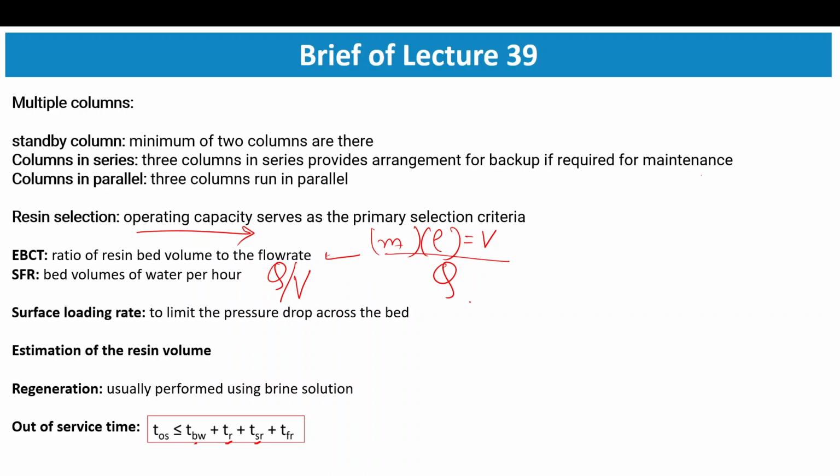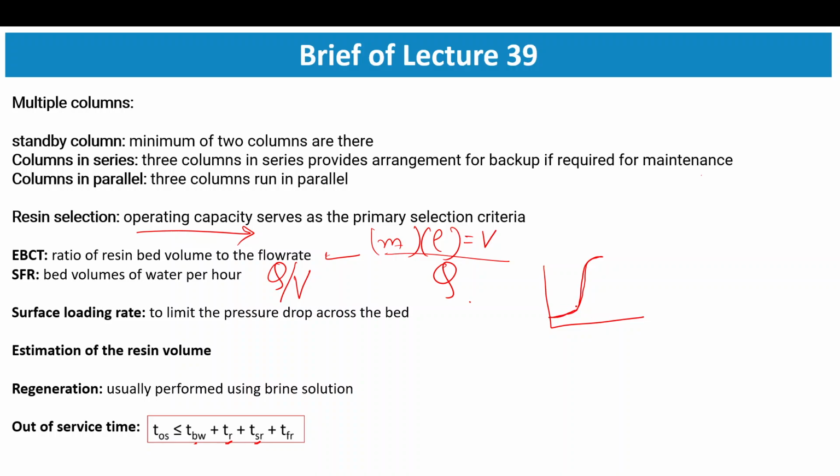Before going to industrial scale, you always perform lab tests and pilot scale tests, where you estimate the amount of resin required and the volume treated. So how do you start from the lab? Similar to adsorption, you first generate a breakthrough curve, because this resin also has some capacity.